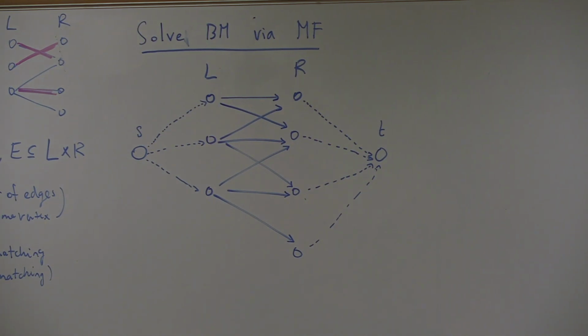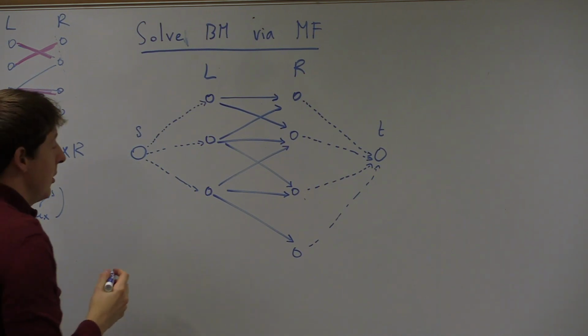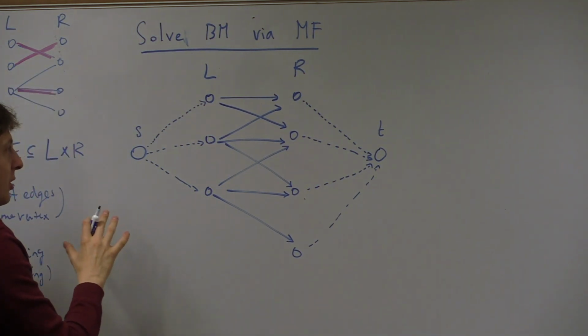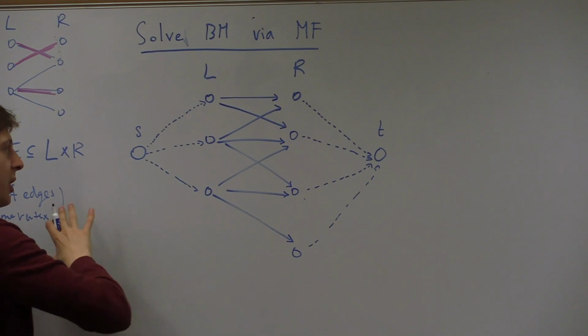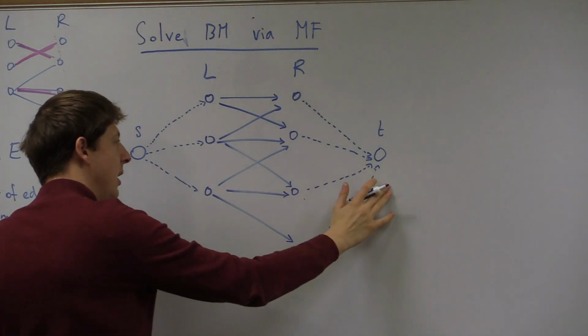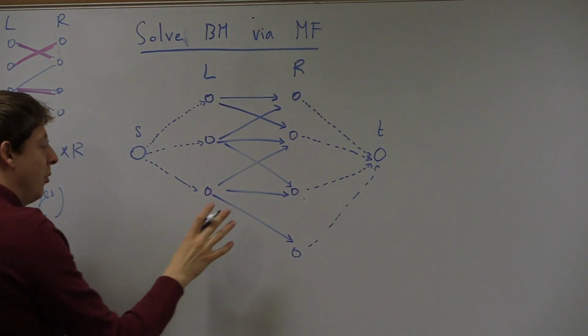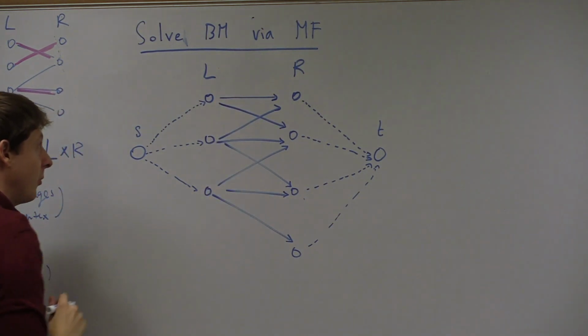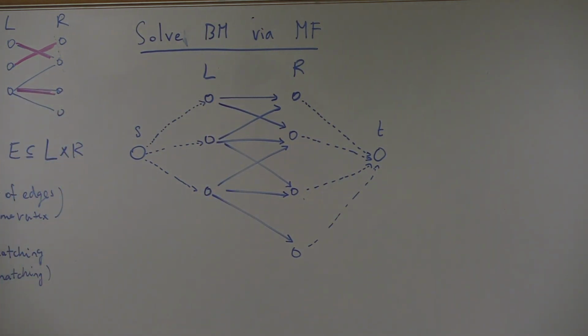So now we have a directed graph, but in order for us to talk about max flows, we also need capacities. Intuitively, what we're trying to do is set it up in such a way that pushing a lot of flow from S to T is going to be tantamount to finding a matching on the original instance.